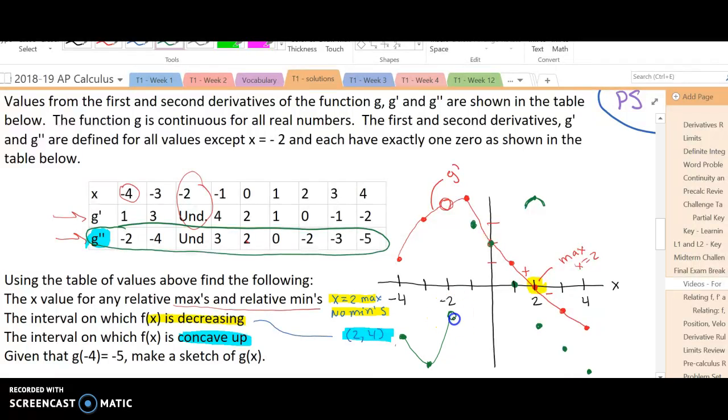So I'll have an open circle because I'm not defined, but I also know that on the other side of -2, I have positive values. So I'm going to draw these open circles to show that that is when my second derivative changes from negative numbers to positive numbers. And now I'll keep going with a solid green curve.